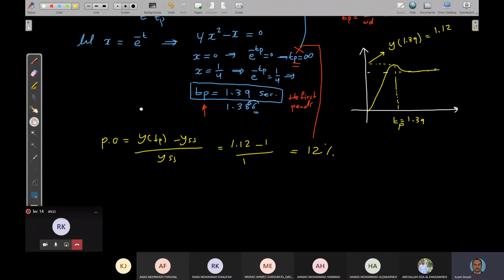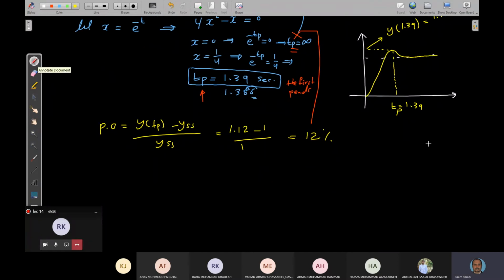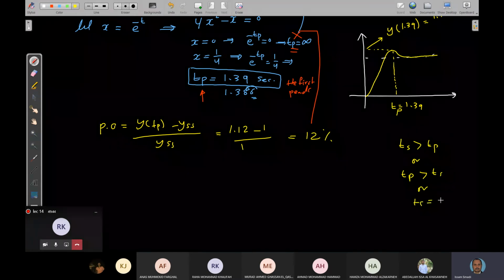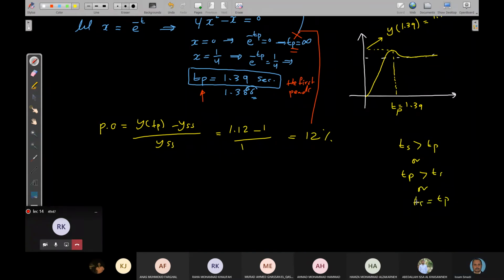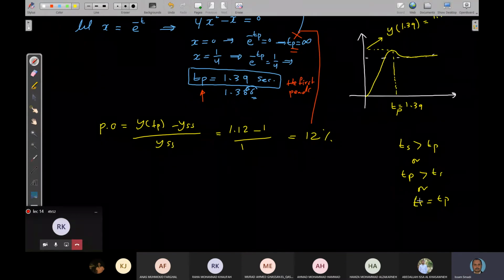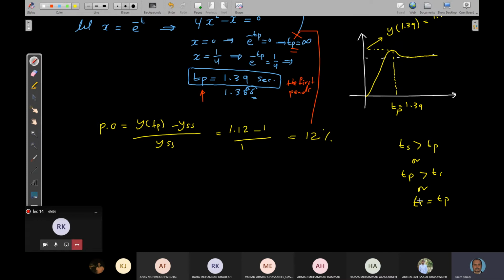If I need to calculate the settling time, do you think that TS is greater than TP, or TP is greater than TS, or TS is equal to TP? For that, let's say Lina Jawad. Not there, huh? Abdullah Al-Khasawni. Okay, thank you, Abdullah.